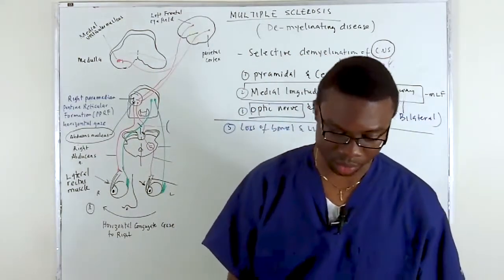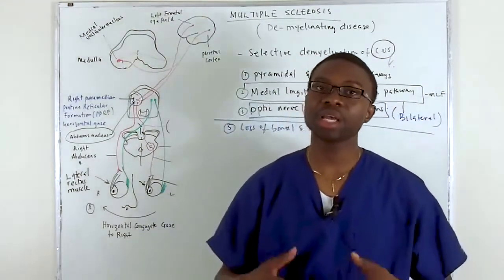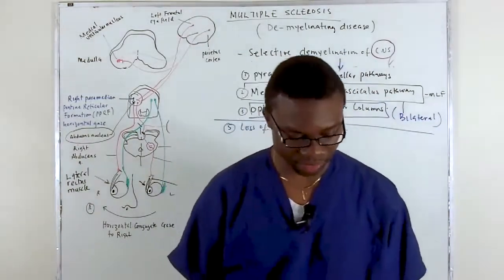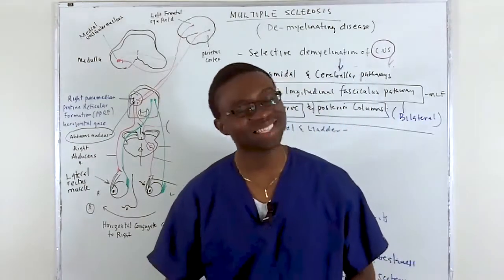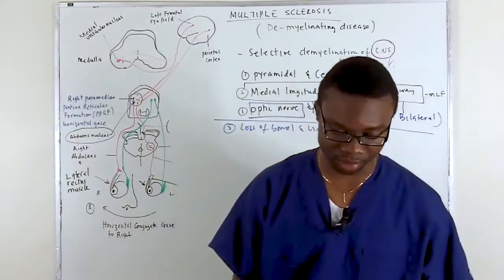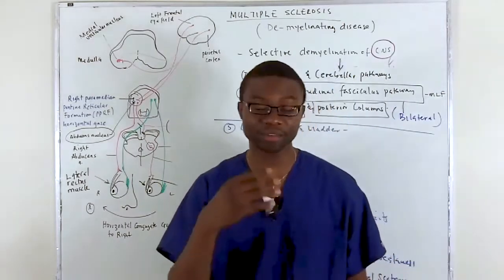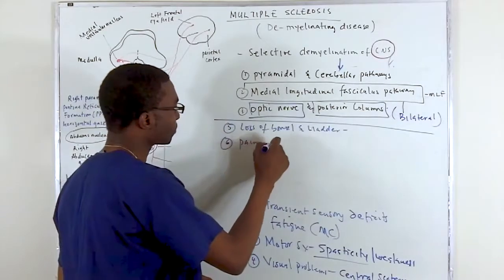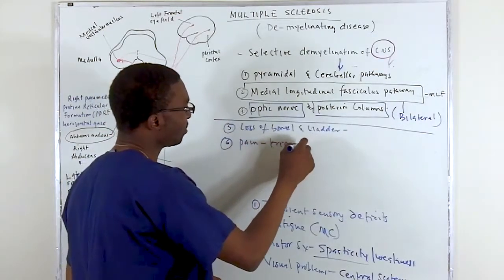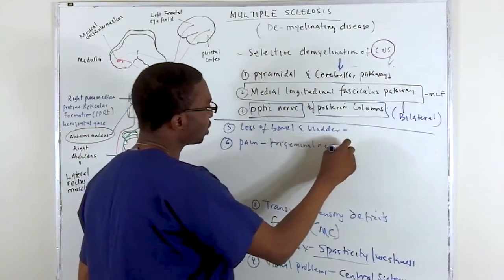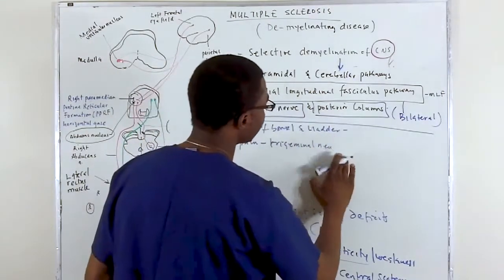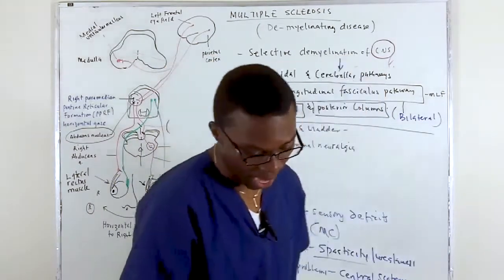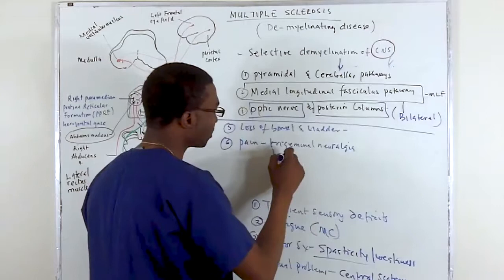These patients can also have autonomic disturbances, which can lead to impotence, constipation, and last but not the least, they can develop neuropathic pain. This is very, very frustrating, but it's a very common complaint, because they can develop trigeminal neuralgia, or even develop hyperesthesia.